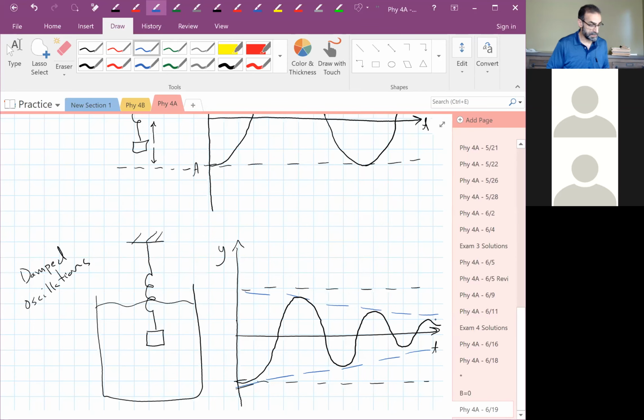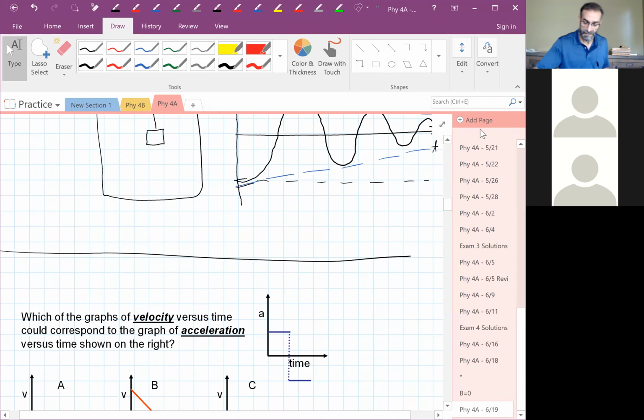Damped oscillations. This, what I've drawn here, is what's called underdamped. We could also make the damping much greater.